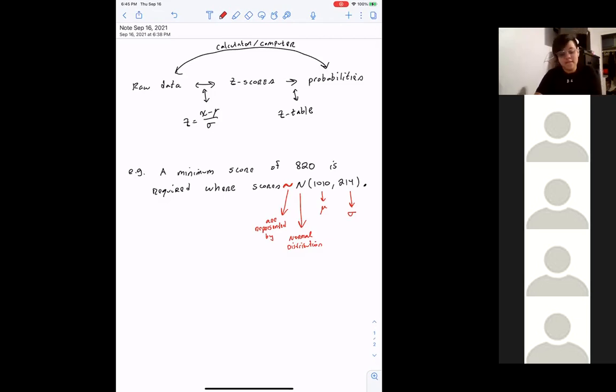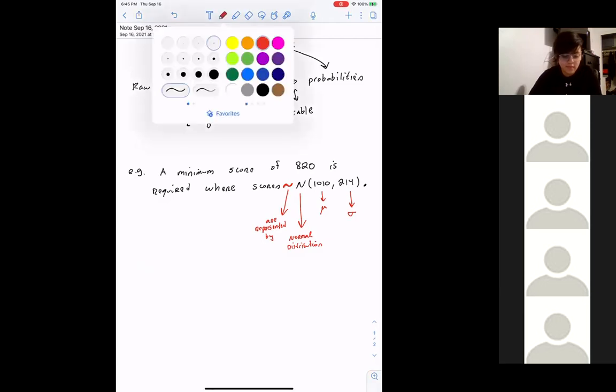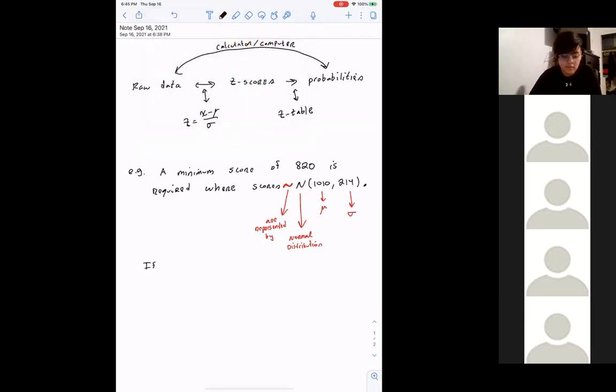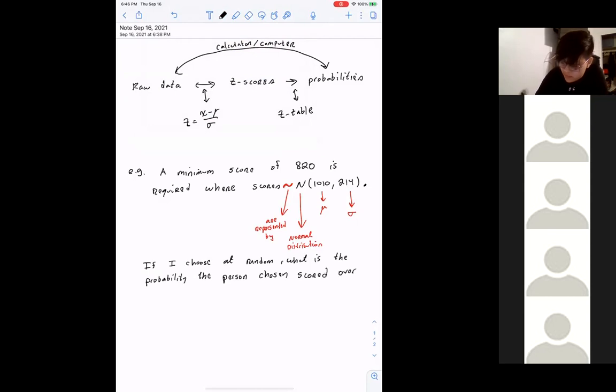The question is, if I choose at random, what is the probability the person chosen scored over 820?